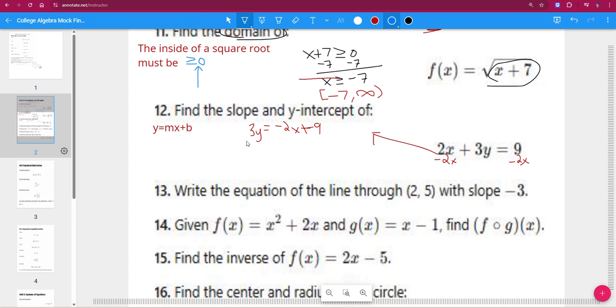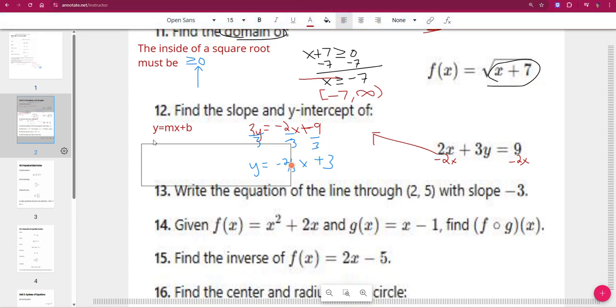And divide by 3 throughout. So y equals -2/3 x plus 3. Here the slope is in front of the x, so my slope is -2/3, and my y-intercept is that number at the end. My y-intercept is 3.